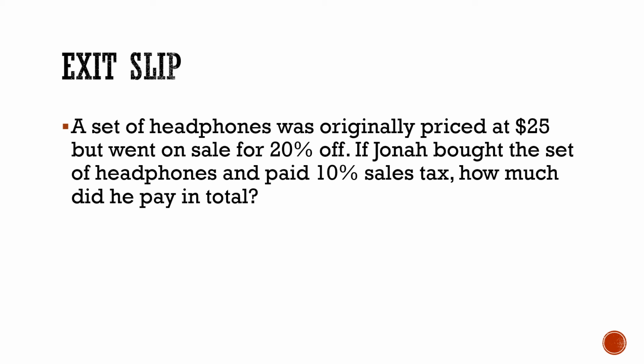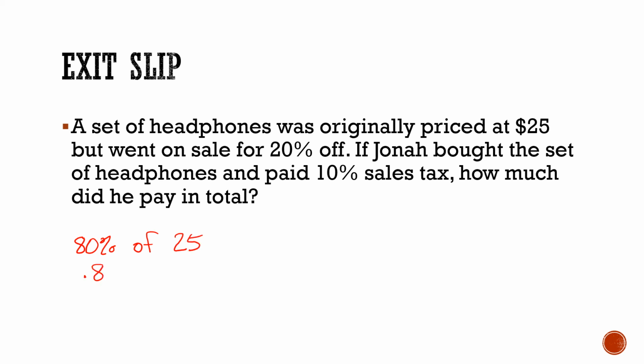So we talked a whole lot about different ways to solve these because there are several. You can do 20% of 25, which will find only the discount amount, which you would have to go back and subtract from 25. Or you can think of it as if I'm getting 20% off, then I'm paying for 80% of the original price, which is $25.